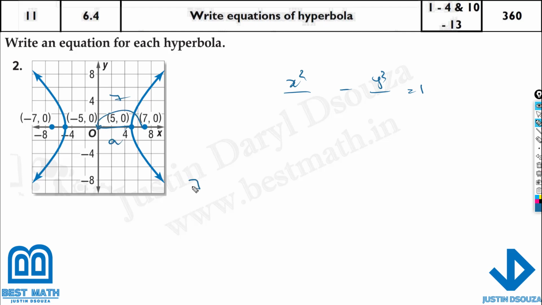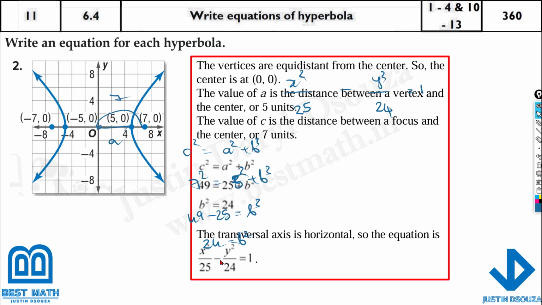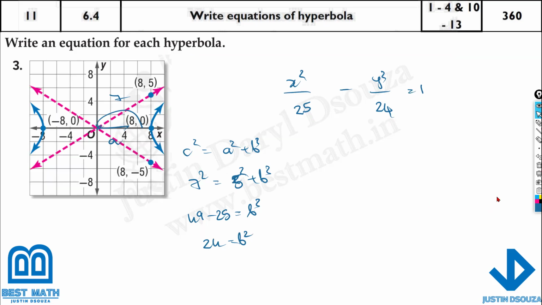So c squared equals a squared plus b squared: 7 squared equals 5 squared plus b squared. So 49 minus 25 equals b squared. What will be the value here? 24 equals b squared. So the answer is 25 and 24. That's the final answer: x squared by 25 minus y squared by 24 equals 1.